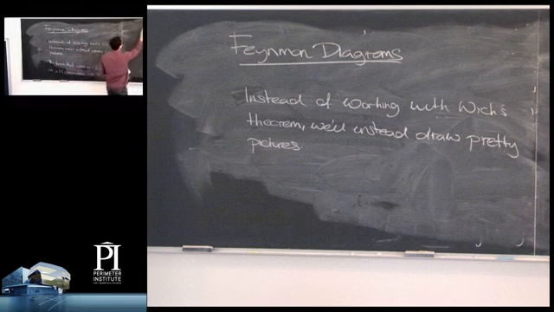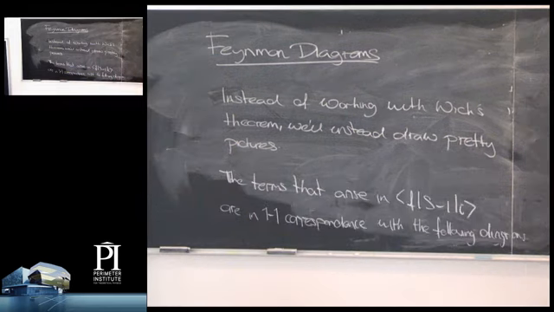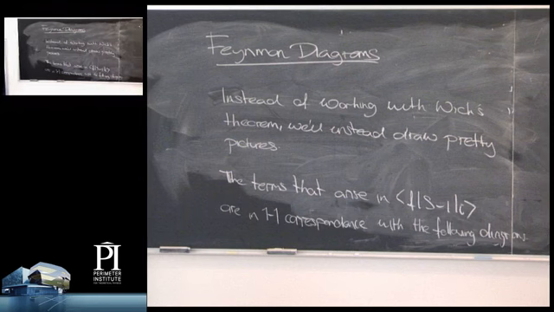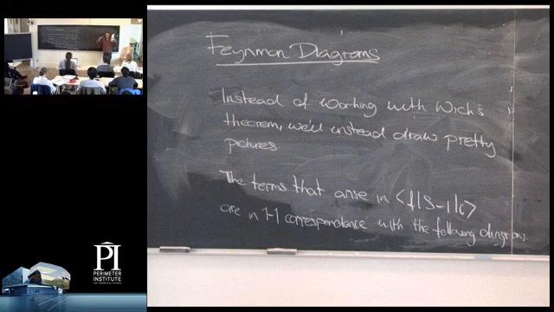Okay, so these are the rules for drawing a Feynman diagram. So the kind of process that we're interested in is some number of particles in the initial state and some number of particles in the final state. So for every particle in the initial or final state, we're going to draw an external line, by which we mean a line that, if you like, you can draw out to infinity.